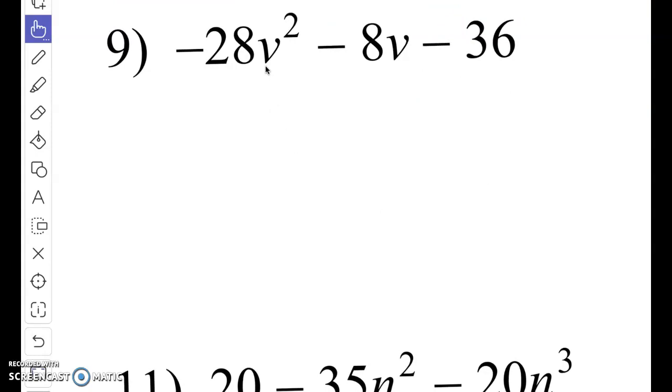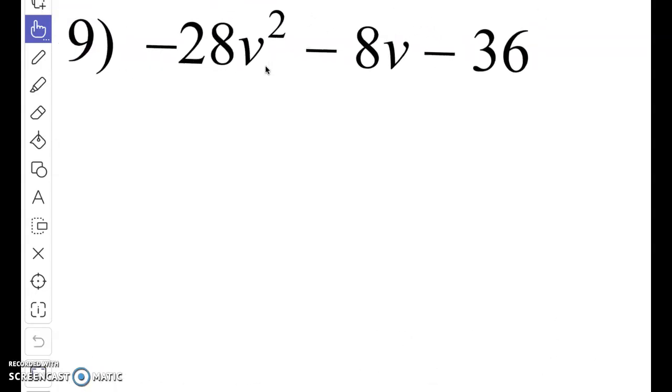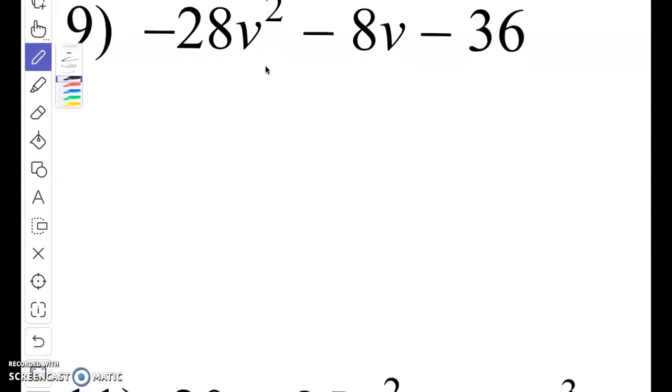So I'm going to try here with this number 9, and then I'm going to call it good for greatest common factor, and then we'll move on to doing problems that need box and circle all the way. So if you look at number 9, looking for a number that goes into all 3 parts. Because there's a negative in front of each one, I can pull a negative out.